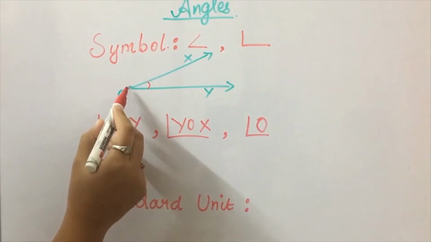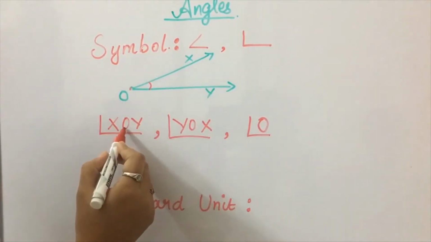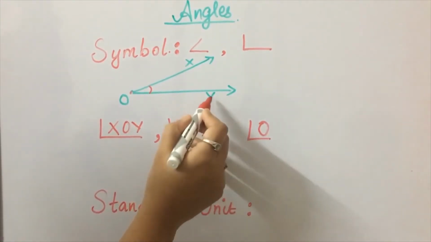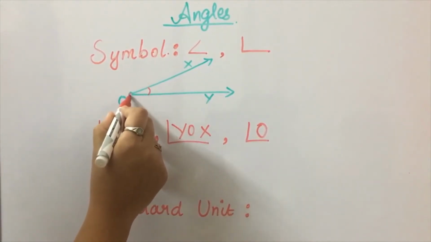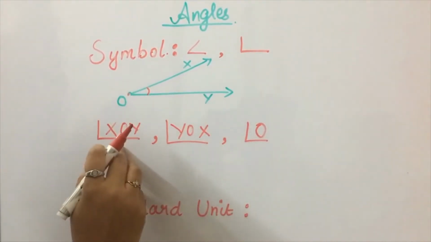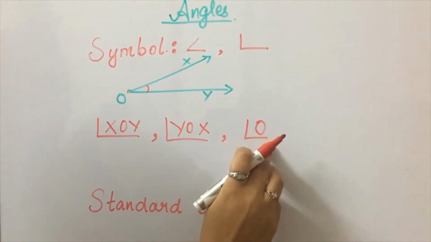Always the vertex has to be in the center. See, X, O, Y: here the vertex is in the center. Here also Y, O, X. Because the angle is formed in the center only, right? So that is why we represent it with the center in the middle or only the center.